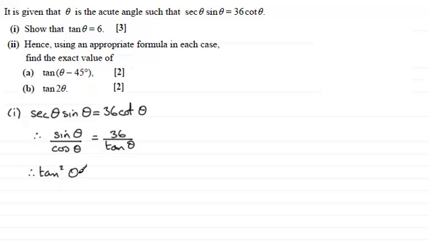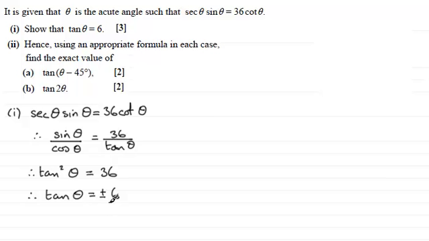In other words, tan squared theta is going to equal 36. And to get tan theta, I just need to take the square root to both sides. So tan theta is going to be equal to square root of 36, which is going to be plus or minus 6. But the point is, we've got to show that tan theta equals 6.